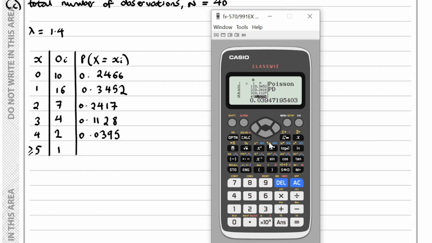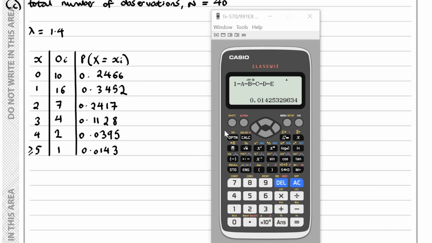So to do that, we'll do 1 minus the others. So we have 1 minus A minus B minus C minus D minus E. So we end up with 0.0143.